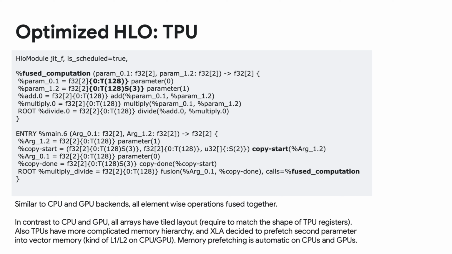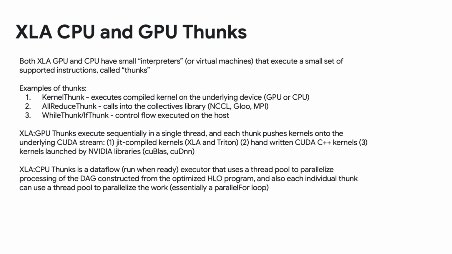On XLA CPU and GPU, we have thunks, basically a unit of execution. You can imagine that the XLA runtime is kind of an interpreter that has a small set of commands, and it executes this small set of commands one by one.